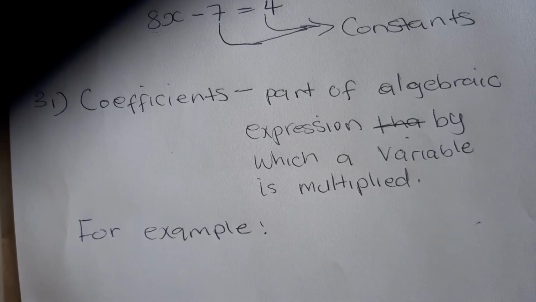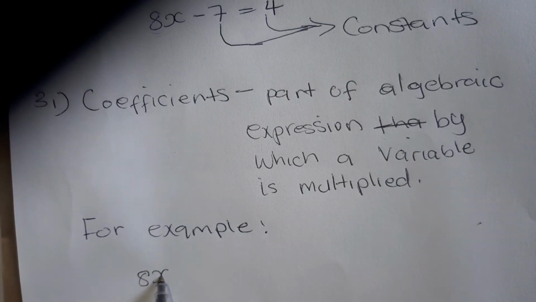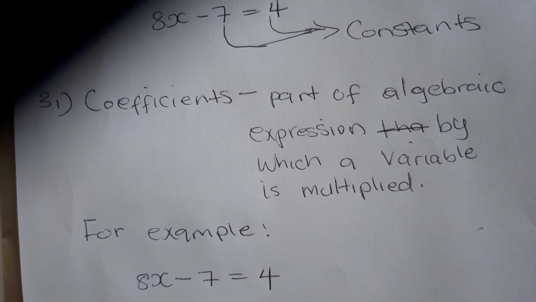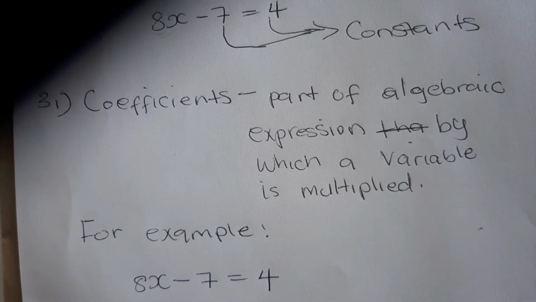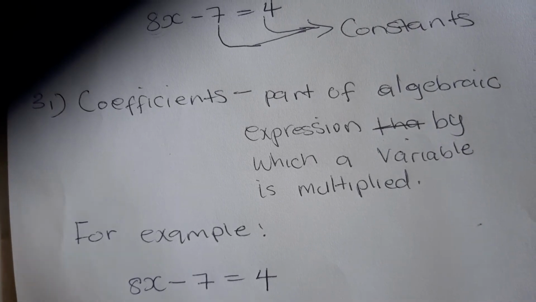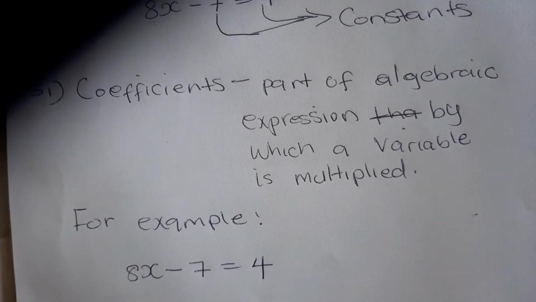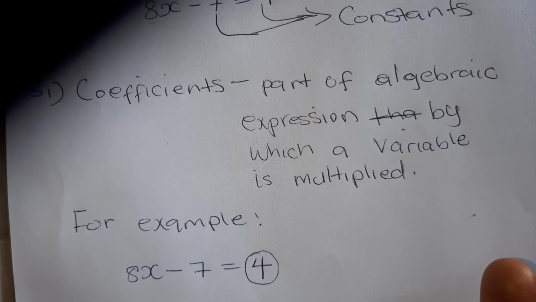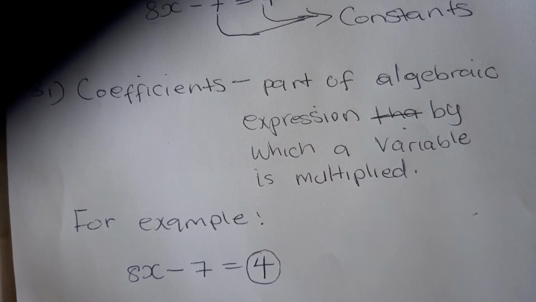let's take the previous example, which is 8x minus 7 is equal to 4. So let's point out what's a variable, what's a constant, and what's a coefficient from this example. So let's start from our right. This 4 is a constant because it doesn't contain any symbol or alphabet that will change the quantity of an expression later on.